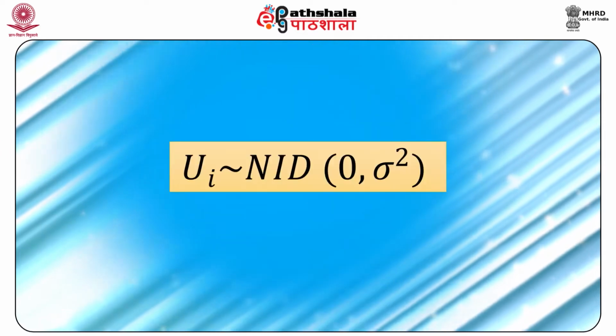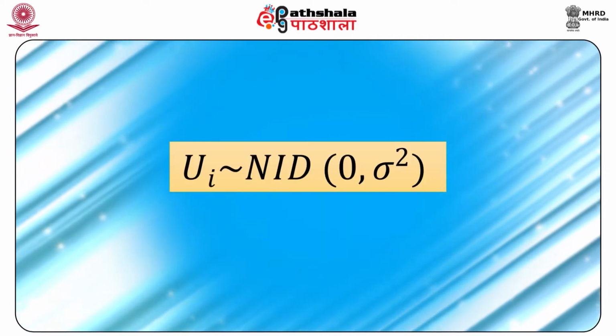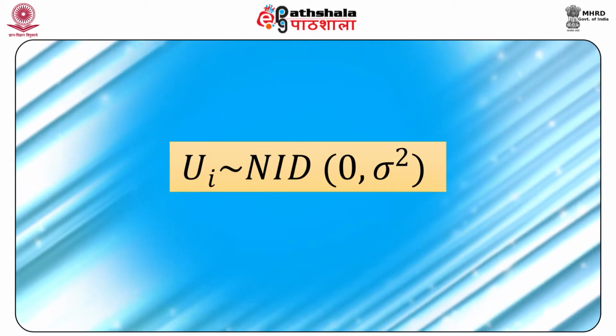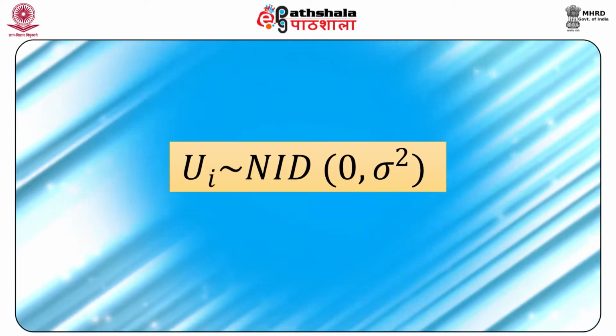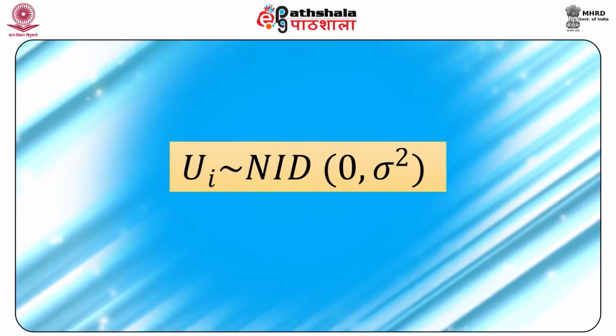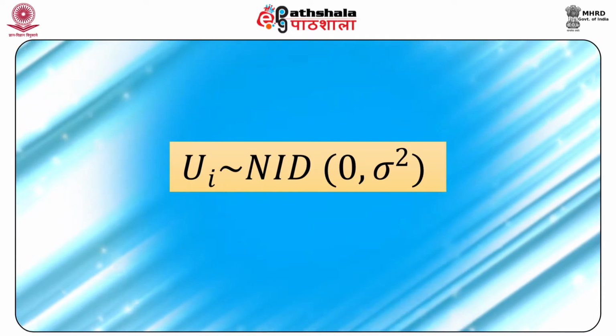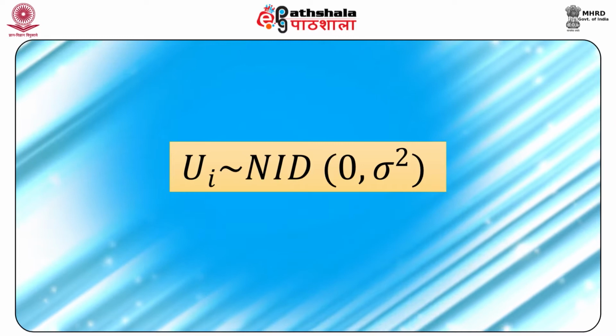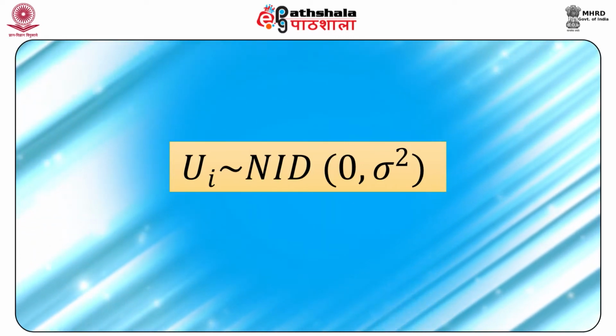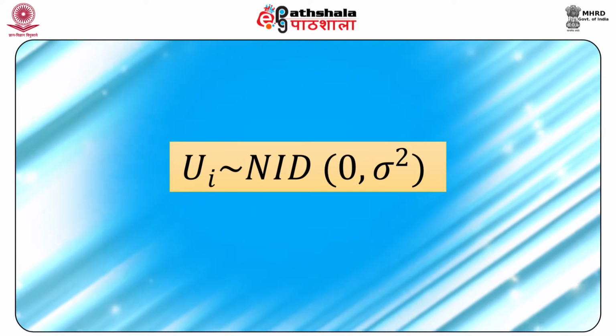Since for two normally distributed variables, zero covariance means that the two variables are independent of each other, mu i and mu j are uncorrelated and independently distributed. Therefore, we can rewrite the above equation as mu i is distributed NID, in brackets 0 and sigma square. NID stands for normally and independently distributed. So let me repeat, we are saying that mu i is distributed normally and independently with 0 mean and variance sigma square.